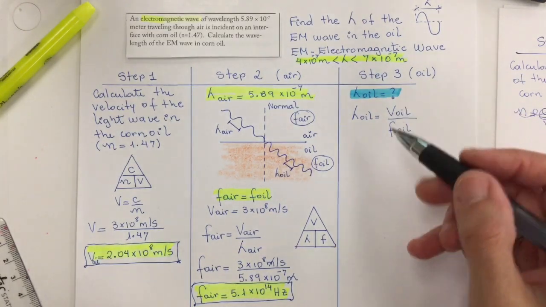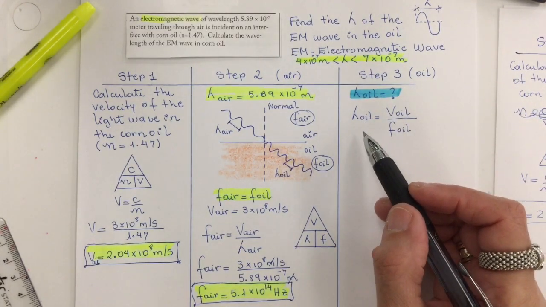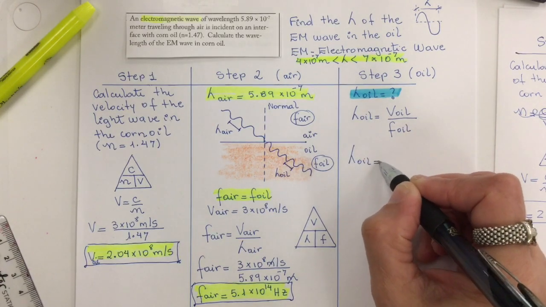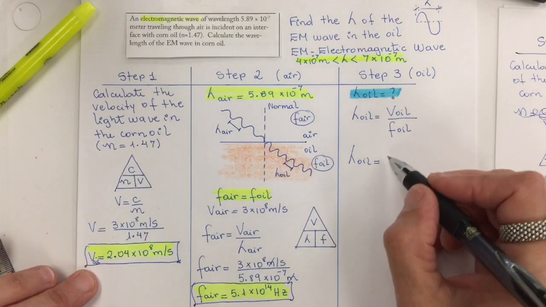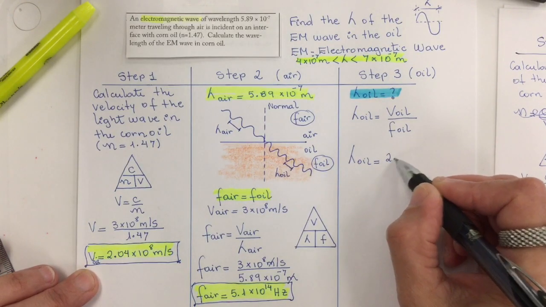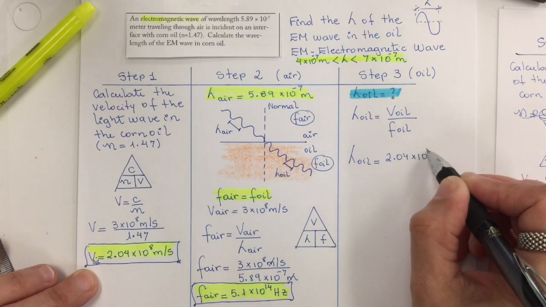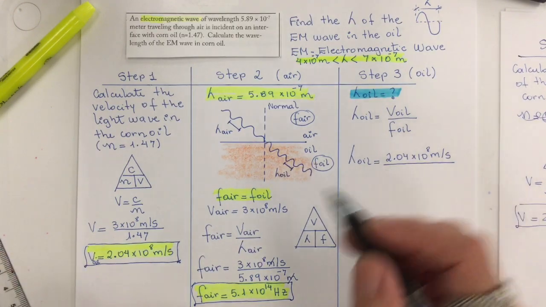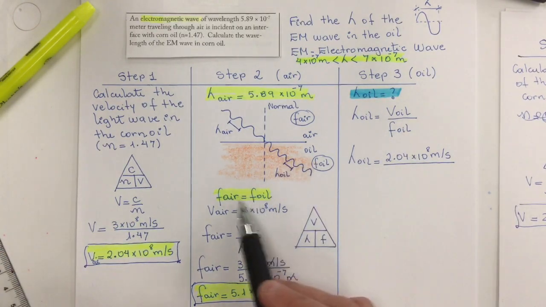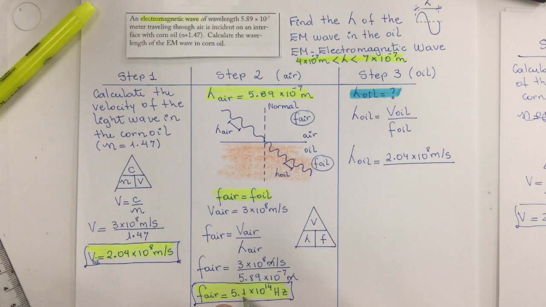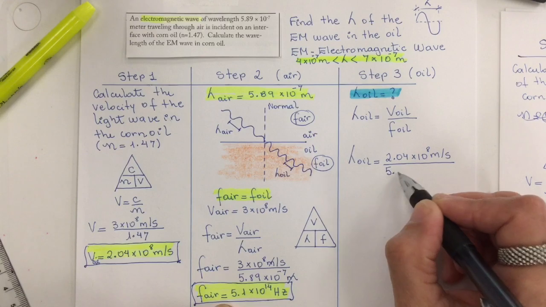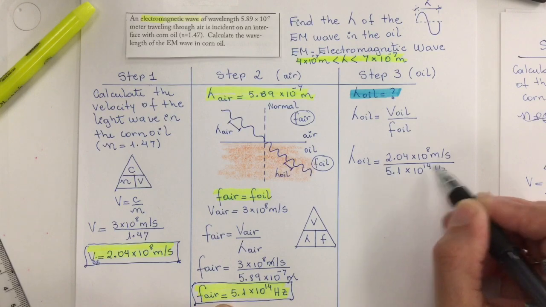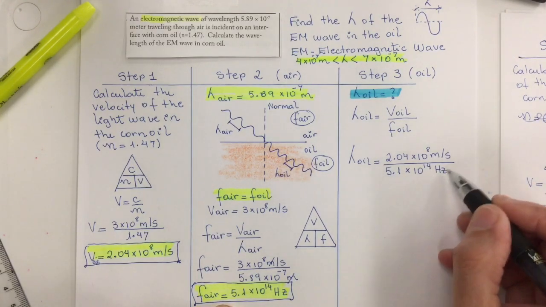Great, now you can finally calculate the wavelength of this light wave in the oil. The wavelength in the oil is the velocity of this wave in the oil over the frequency in the oil, but since both frequencies are the same, I'm just going to copy this value right here: 5.1 times 10 to the 14 hertz, which is 1 over second.